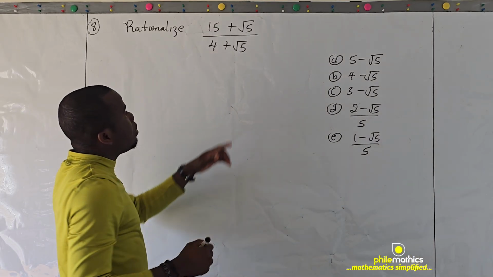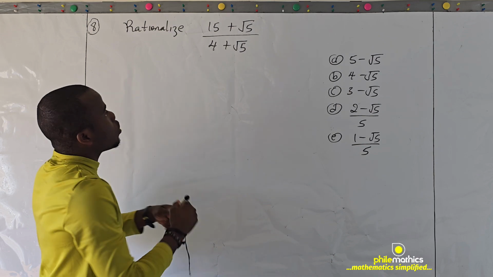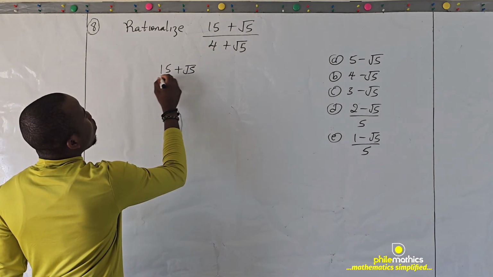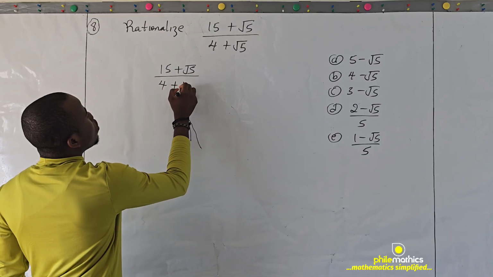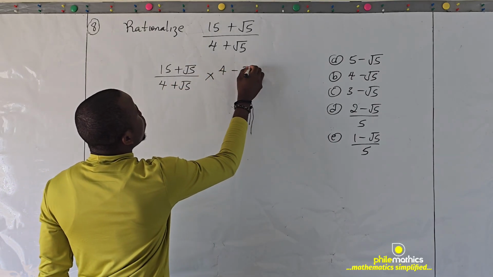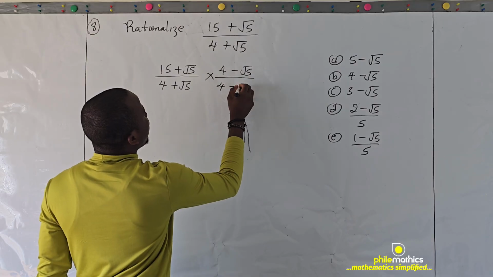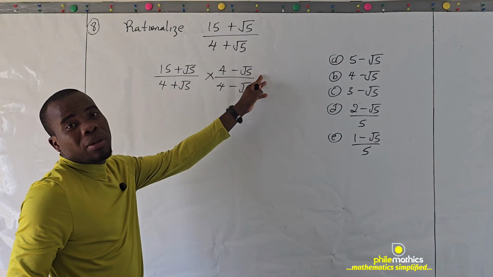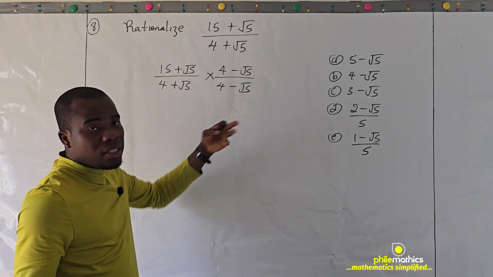And by conjugate, it simply means changing this plus to minus. So this will be 15 plus root 5 over 4 plus root 5 times 4 minus root 5 over 4 minus root 5. If you notice, we are not changing anything. This is just like multiplying by 1 because this over this is 1.